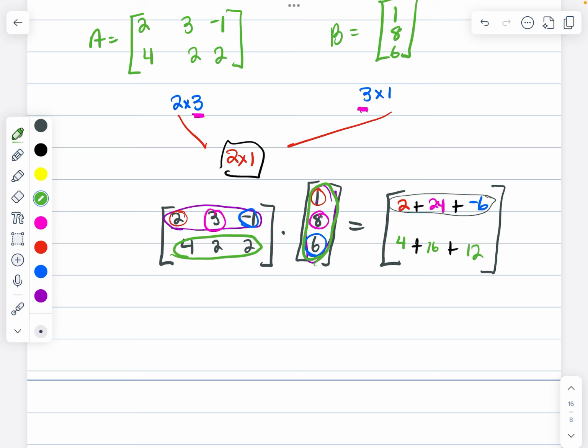And so now for our result, we have 20 and 32, and it is a 2 by 1. We're done.